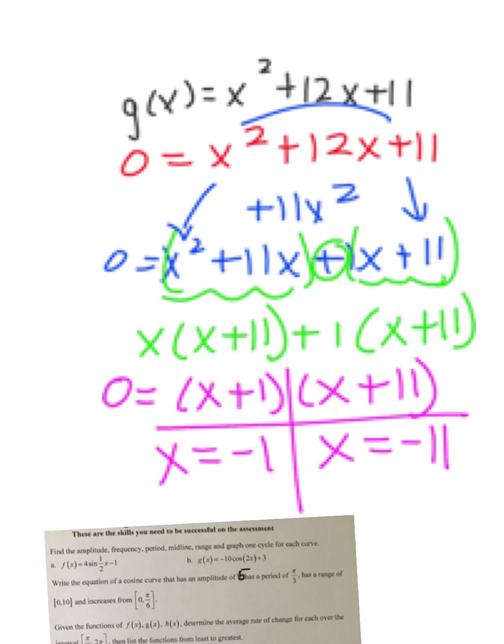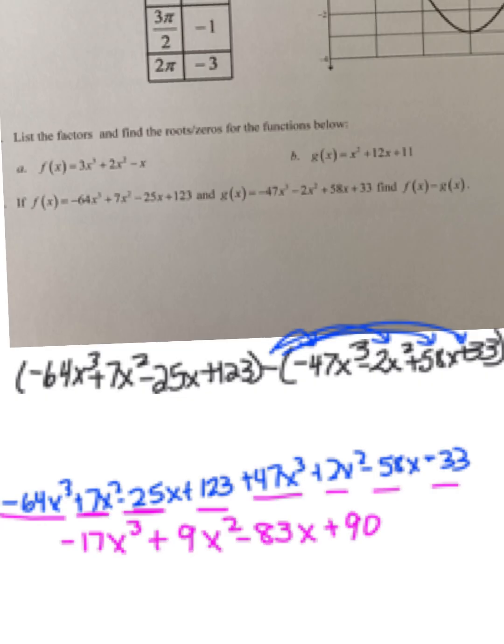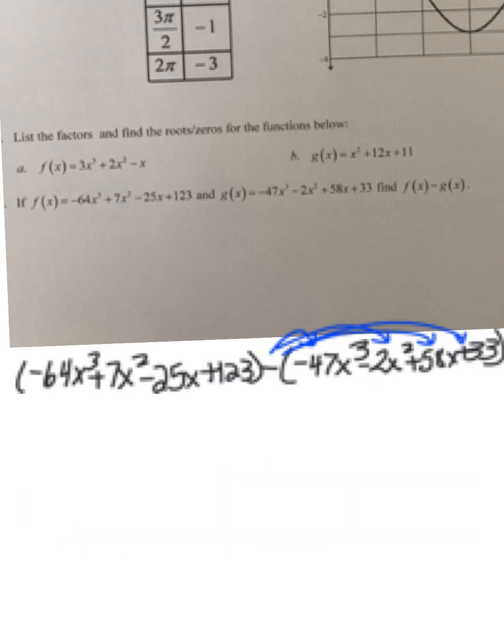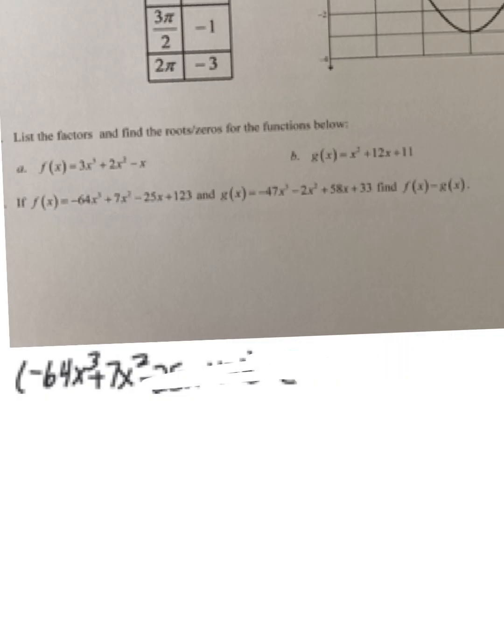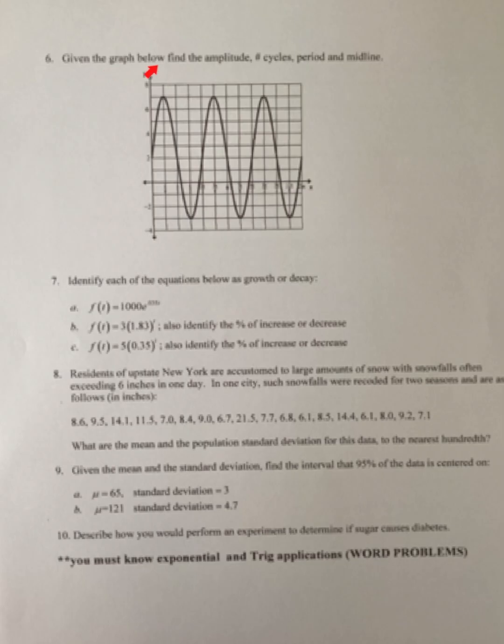Okay, so let's take a look at number 5. Okay, so number 6 says, given the graph, find the amplitude, number of cycles, period, and midline.